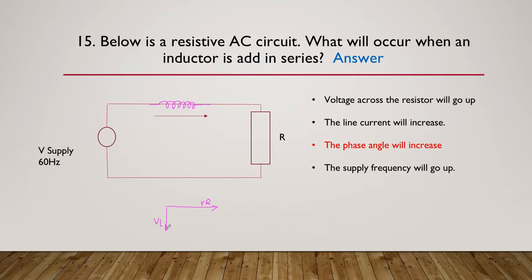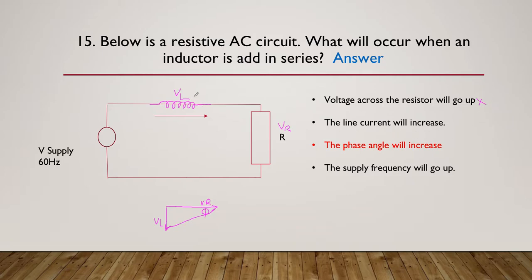Look, all of a sudden, I have a phase angle in here. When I had the resistor only, there was no phase angle. So the voltage across the resistor will go up? No, because we're going to get a voltage across the inductor, and we're going to get a voltage across the resistor. So the resistor voltage will actually go down. So that one's wrong.